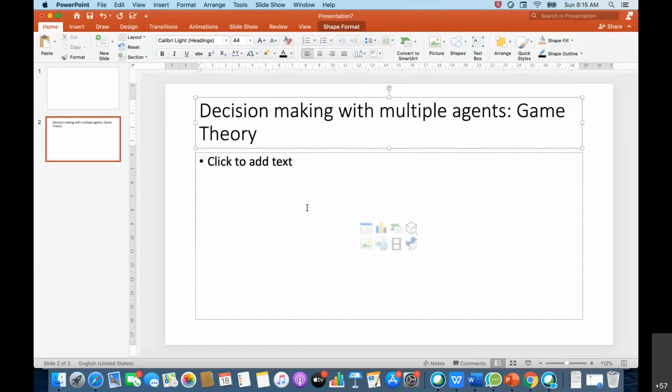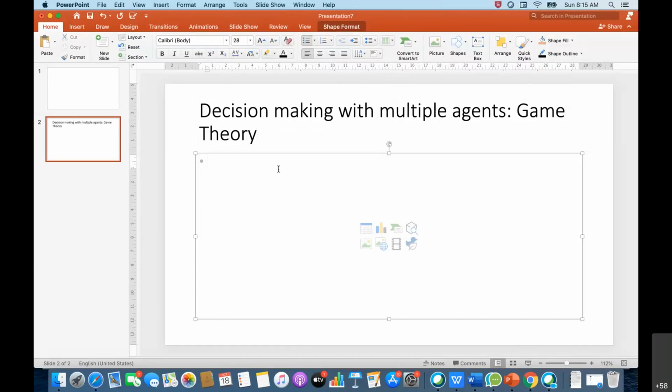Decision making with multiple agents is actually game theory, because in any game you are playing, there is more than one agent or more than one player present. So let's start it now.